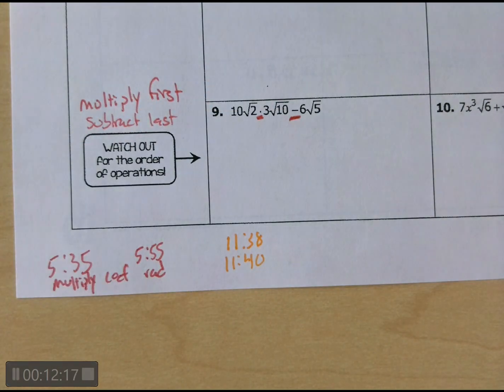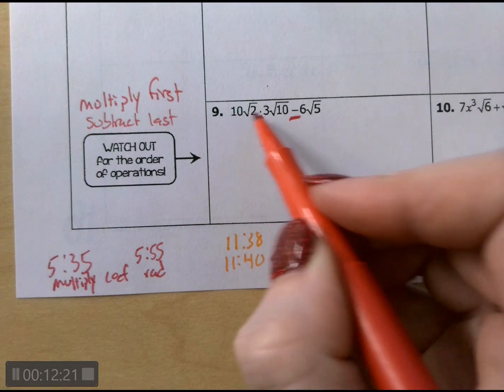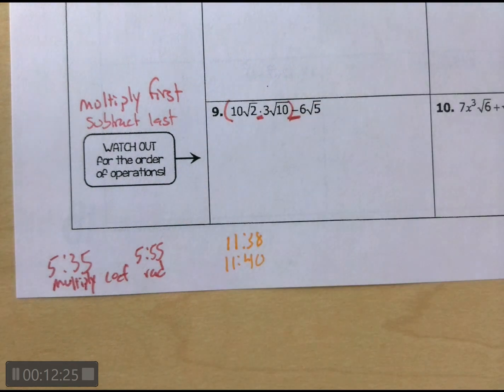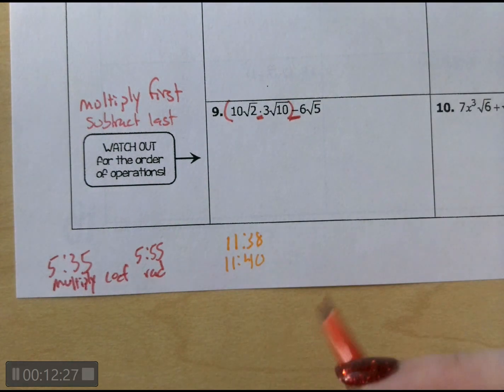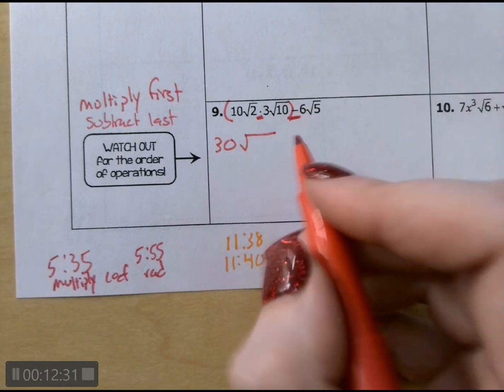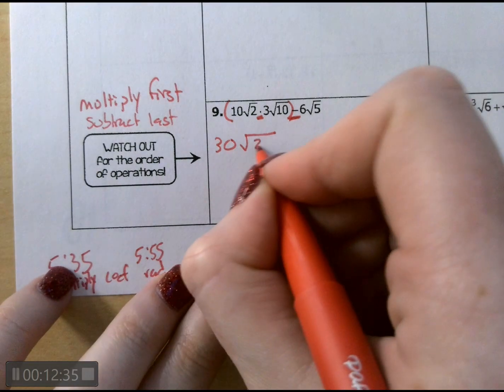Alright. So then, start by multiplying your coefficients. 10 times 3. And actually, it might help for us to put parentheses around it. So 10 times 3 will give us 30. And then square root of 2 times 10 will give us 20.